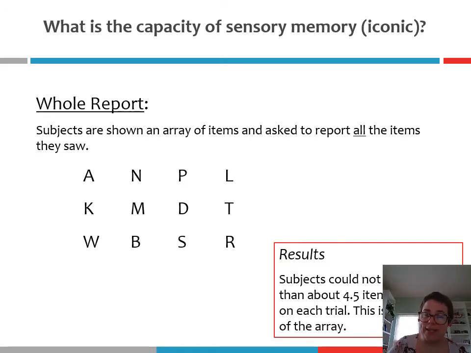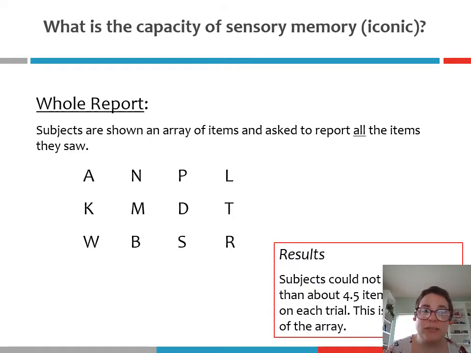So the way that he did this is, if you were a participant in one of his experiments, you would look at a computer screen and first you would see a blank or totally white screen, and then you would see a plus sign in the middle of the screen called a fixation cross. That basically tells you where to focus your eyes.